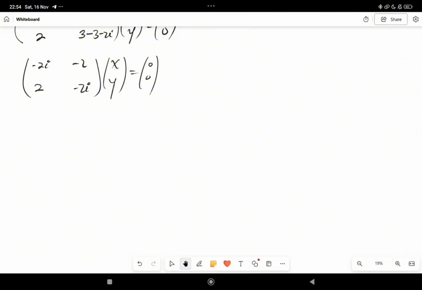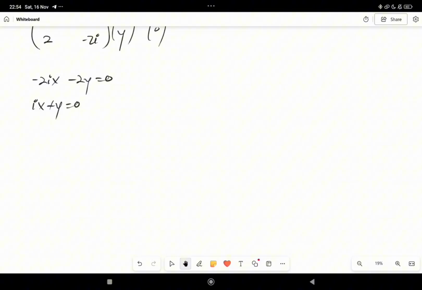Again, we use the first line, so we have minus 2ix minus 2y equals 0. We divide both sides by minus 2. We have ix plus y equals 0. Now we have ix equals minus y.